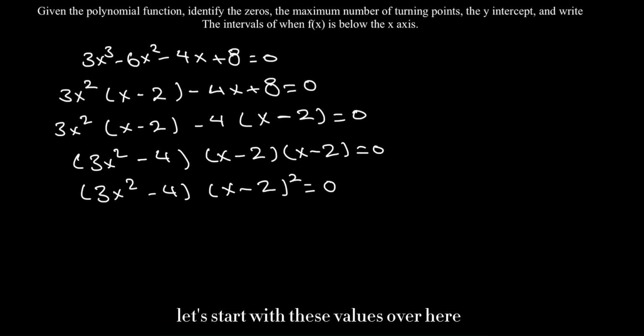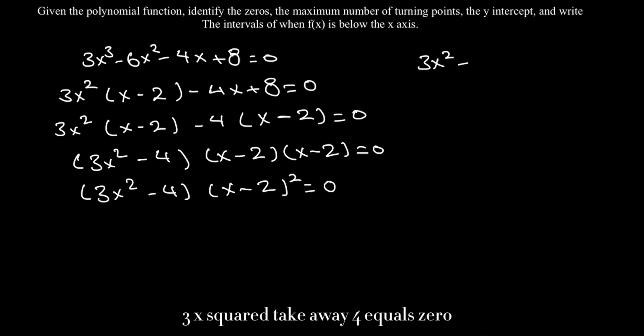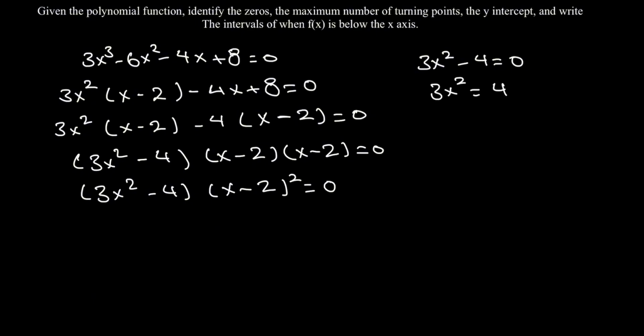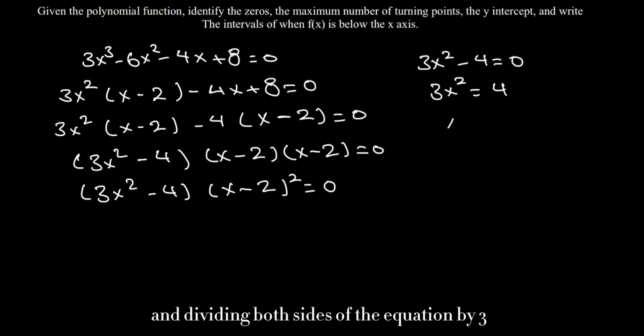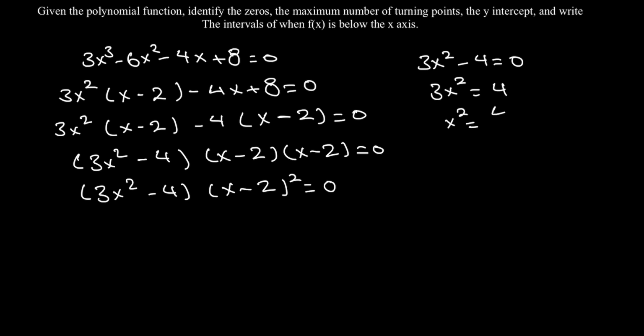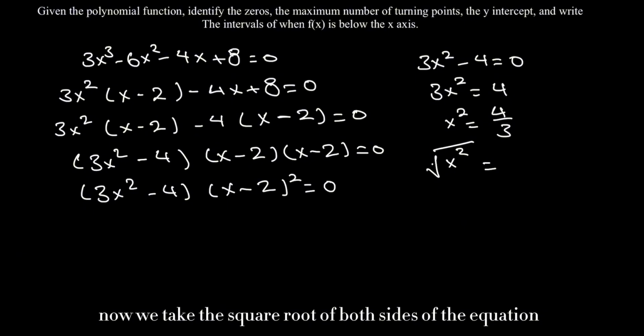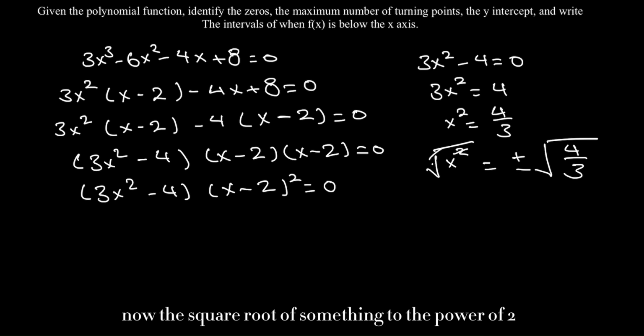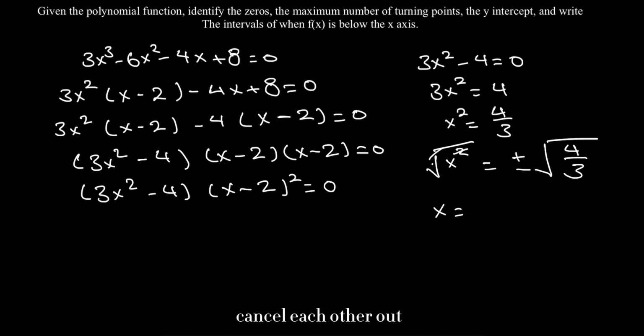Let's start with these values over here. 3x squared take away 4 equals 0. Adding 4 to both sides of the equation and dividing both sides of the equation by 3. Now we take the square root of both sides of the equation. Now the square root and the power of 2 cancel each other out.